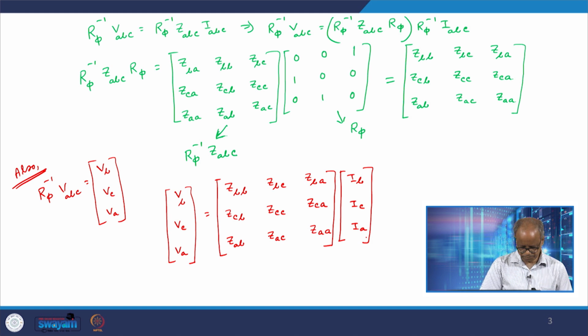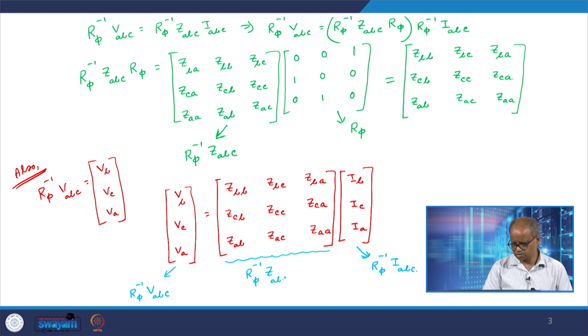So here again, just note it down. This is nothing but R phi inverse into V ABC, this is R phi inverse into I ABC, and this is R phi inverse Z ABC into R phi.